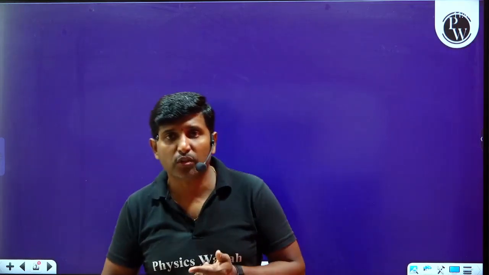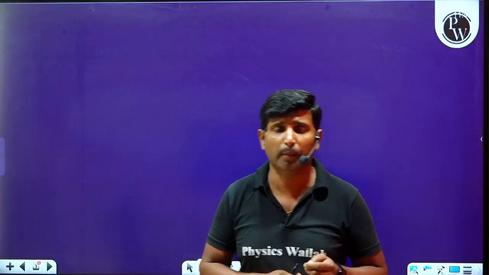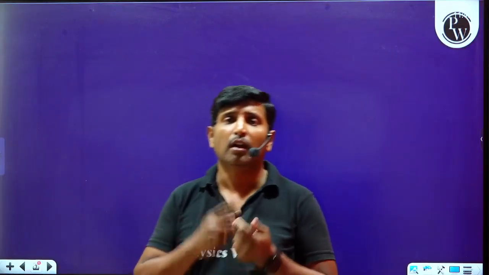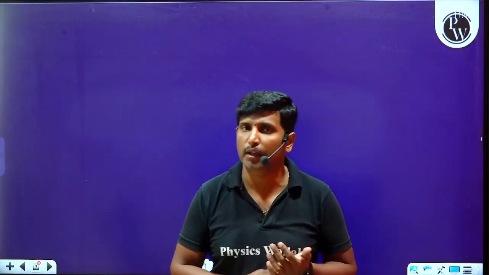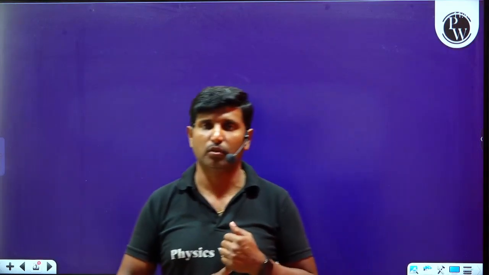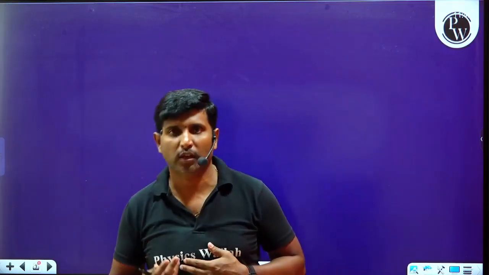In refraction through a curved surface, we will include the combination of lenses also. Finally, we go with the optical instruments, which include the simple microscope, compound microscope, telescope, and astronomical telescope. If you learn these things, it is more than sufficient. Happily, you can answer any question.